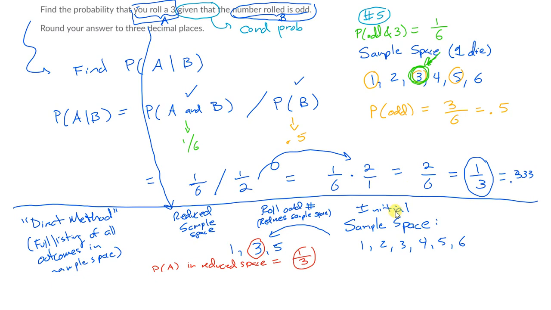You can use the conditioning event, the event that's the given, in the formulas to divide. This is called the joint probability, the probability of both occurring at the same time. You take the joint probability divided by the conditioning event probability.